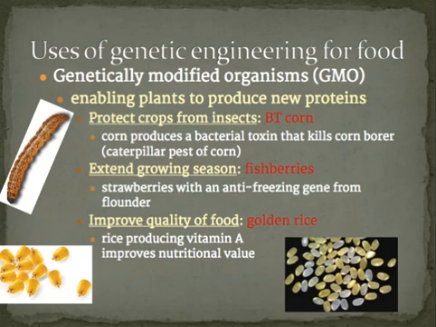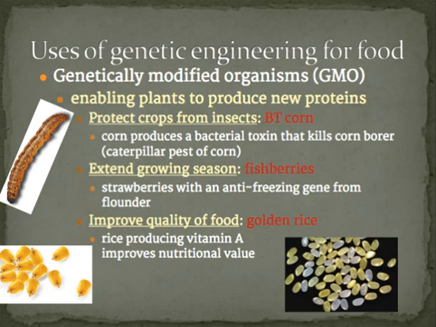We also use genetic engineering for food. Not all genetic engineering is bad. Some of it could have other effects that we don't see right now. But there are some things that are currently approved for the U.S. market. So, for example, a transgenic rice plant has been developed that produces yellow grains, you can see in the bottom right, containing beta-carotene.